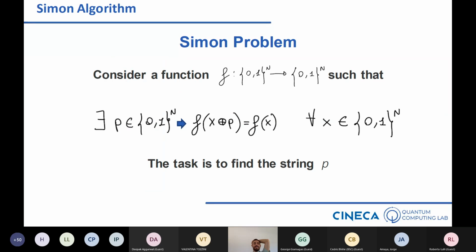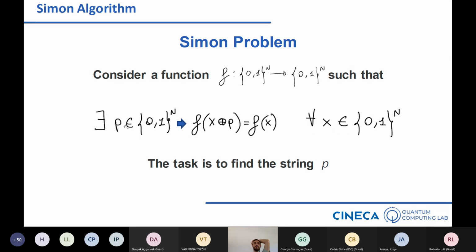So you have a function, and you have also an input x. For this input x, there exists a p for which x plus p gives you the same result, and this is also true for every x.